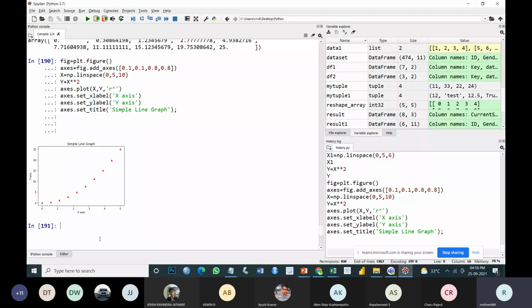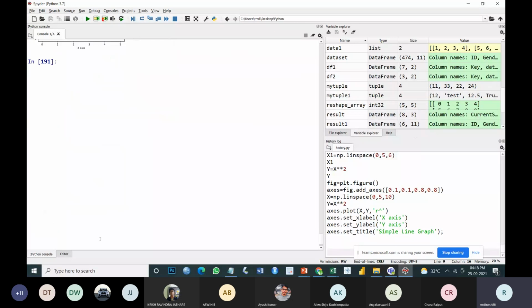So next, let me draw the multi-line graph. This is a single line. If we want to draw a multi-line graph, we can draw. For example, t equal to np dot arange of 0, comma 5, comma 0.2.